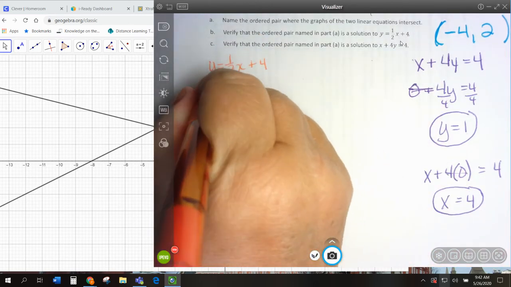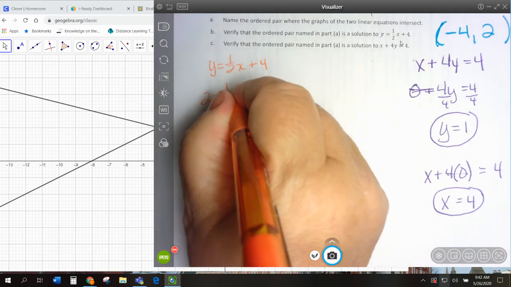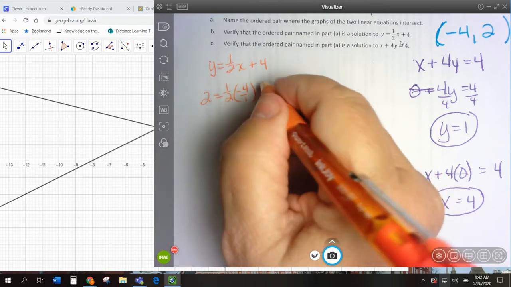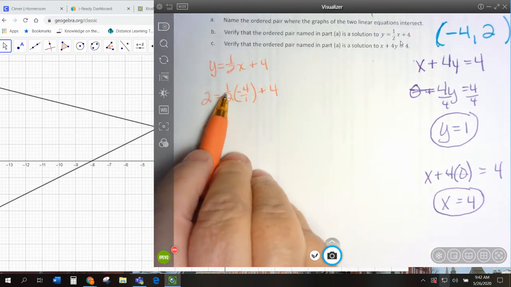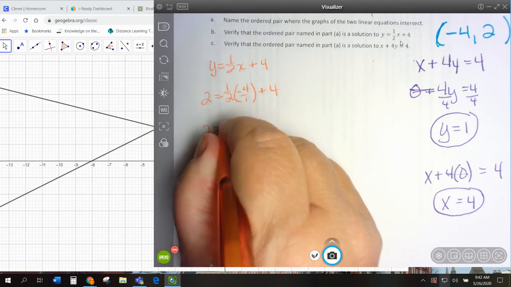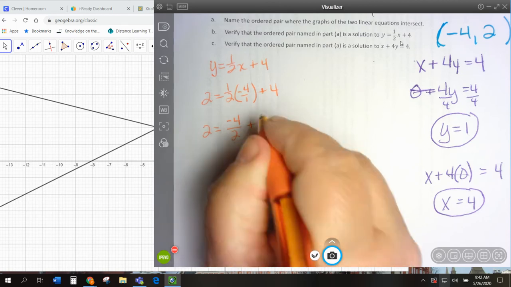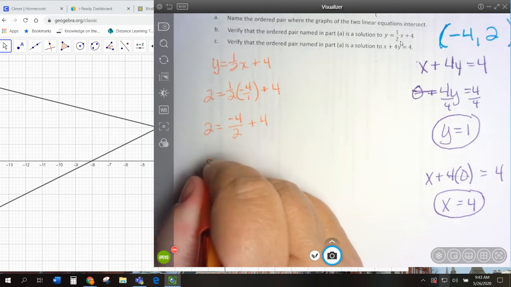So y is 2 equals 1/2 times -4, right? Let's make it a fraction because we're going to have to multiply, plus 4. So 2 equals, let's multiply this out, -4 over 2 plus 4. -4 divided by 2 is -2.